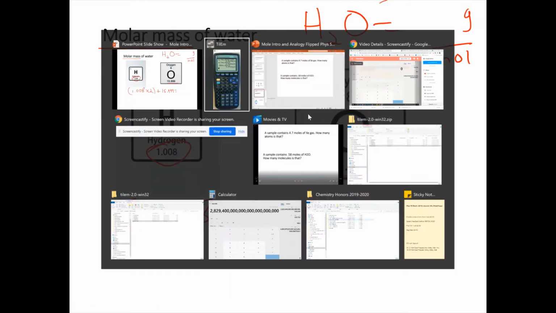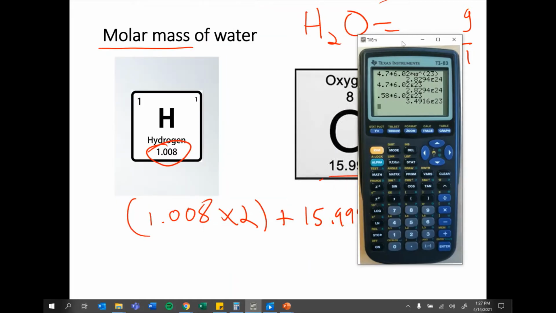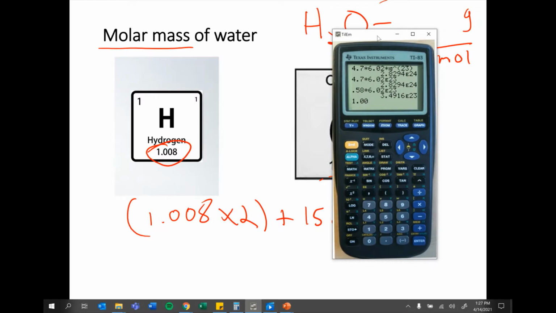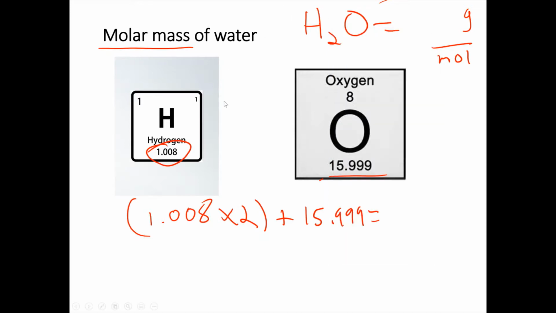If I put this into the calculator, 1.008 times 2 plus 15.999, it gives me 18.015.